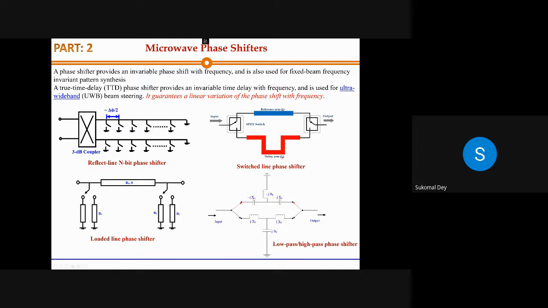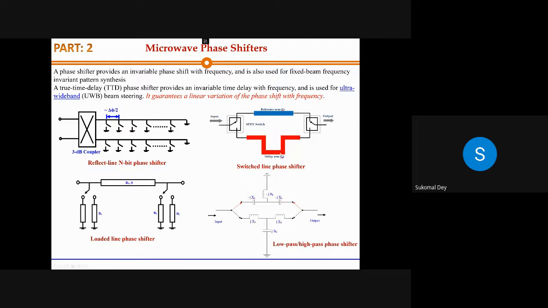Based on the activation of the low pass section, you get a phase delay. Based on the activation of the high pass section, you get a phase advance. Between the delay and advance, you get some kind of phase shift or differential phase shift. So these are the four different topologies by which one can design phase shifters. One more topology also exists, which I will discuss with you later.